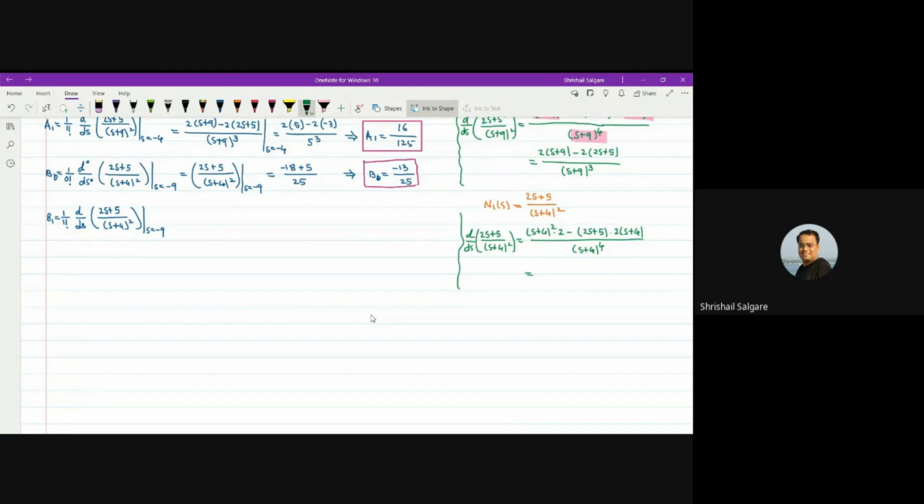Again you can cancel one term from this: 2 into s plus 4 minus 2 into 2s plus 5, that whole divided by s plus 4 raised to 3. Correct? One term got cancelled.